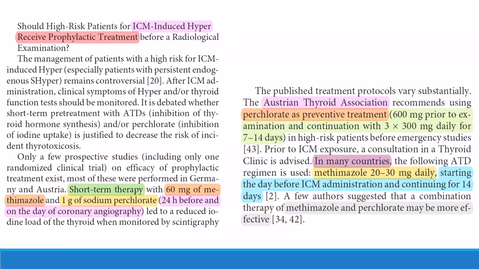But the guidelines recommend, and this is recommended in many countries, giving methimazole 20 to 30 milligrams daily, starting the day before contrast administration and continuing for 2 weeks. Actually, I prefer this method: methimazole 20 to 30 milligrams daily from 1 day before the contrast administration and continuing for 2 weeks.